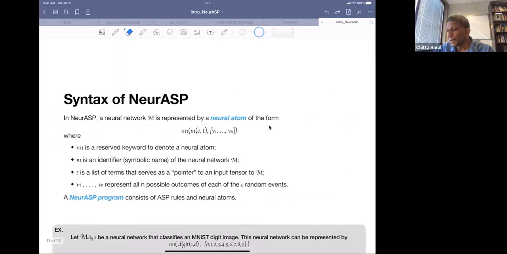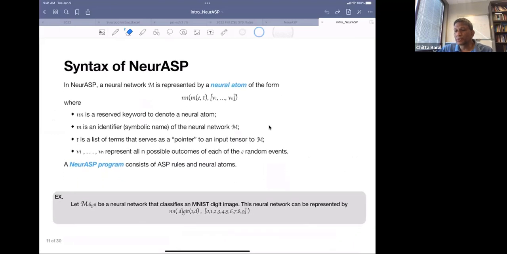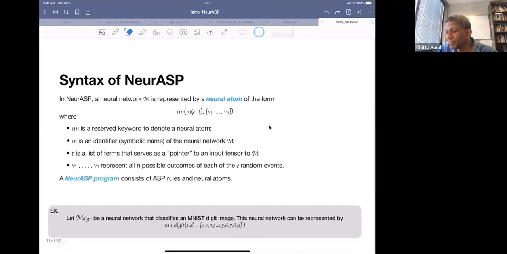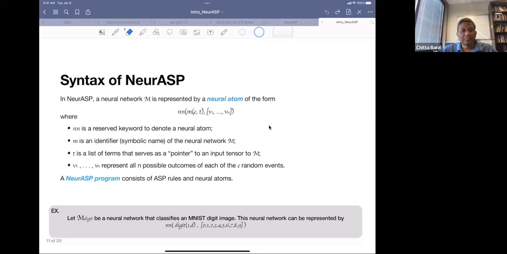Okay, so the syntax of NeurASP. This is a traditional style of writing papers in knowledge representation and theoretical domains, where you define the syntax of your language. A neural network is represented by a neural atom of this kind.